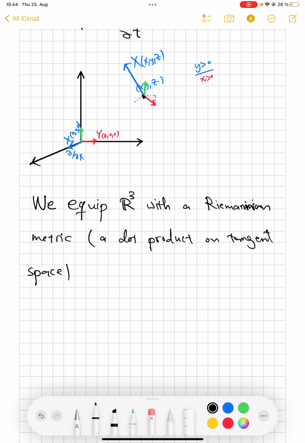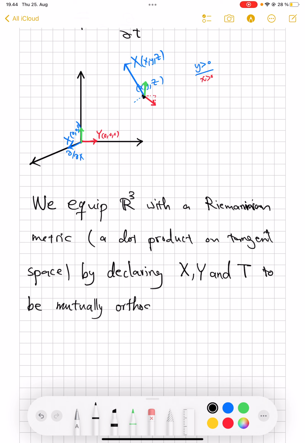So we equip R3 with a Riemannian metric by declaring x, y, and t to be mutually orthogonal unit vectors. And this will give us a left-invariant Riemannian metric.